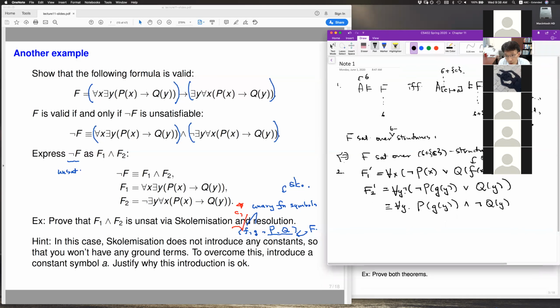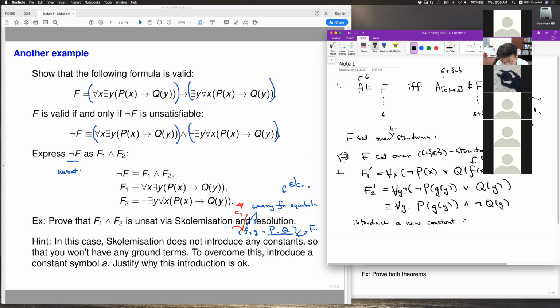And from this F1 prime and F2 prime, we want to derive a contradiction. We want to derive ground terms, in a sense, a refutation proof. How do we do it? For x and y, we can plug in any of the ground terms. Because we only have a function symbol f, we will introduce new constants.